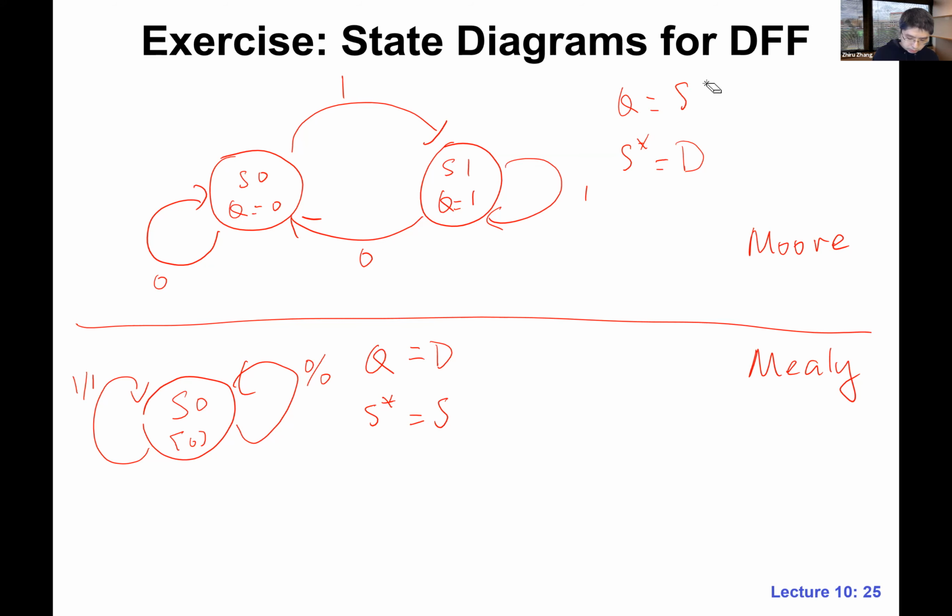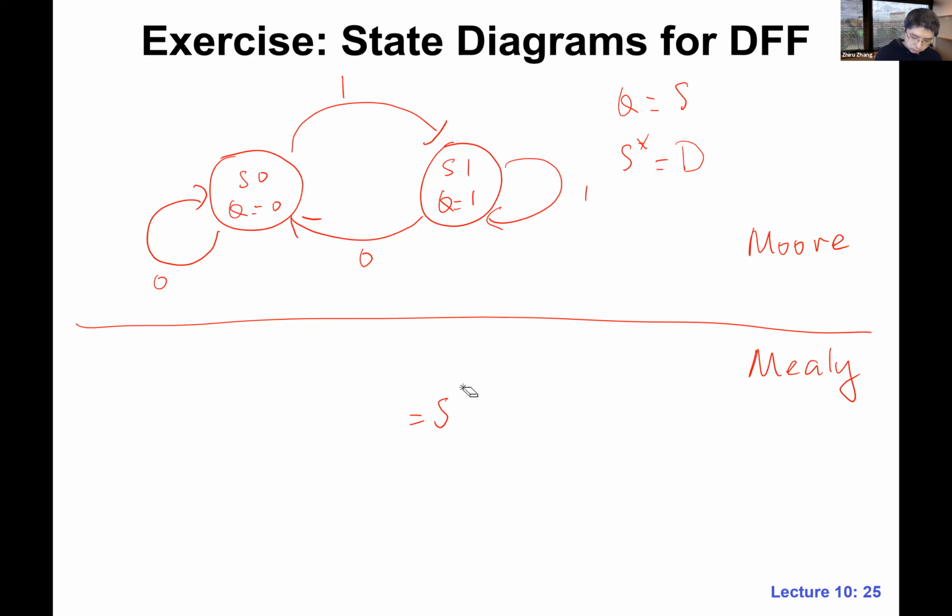So then let's come back to the Mealy machine. One of the questions I asked you guys was, can we come up with a Mealy machine for the DFF? The answer is yes. We still need two states, intrinsically: S0, S1. It's really about the transition and the output.